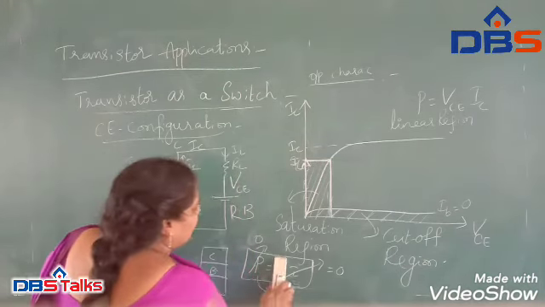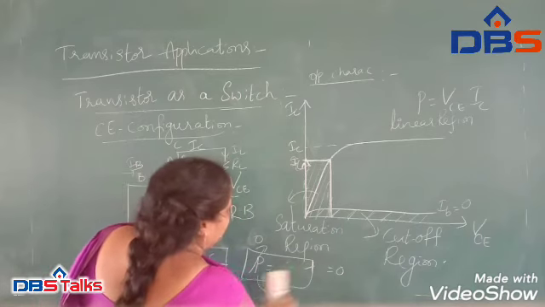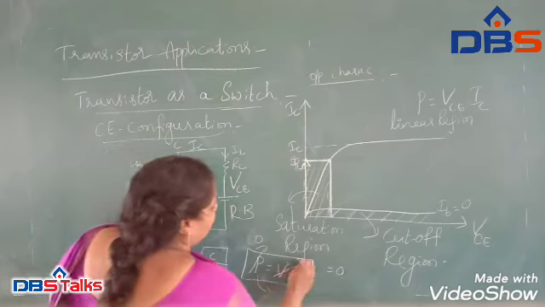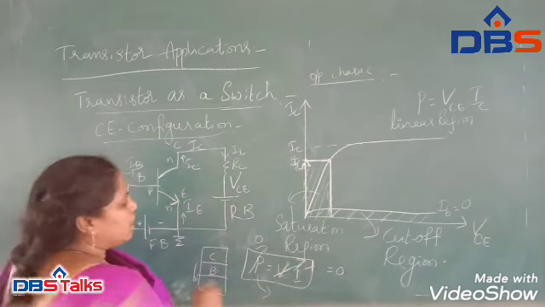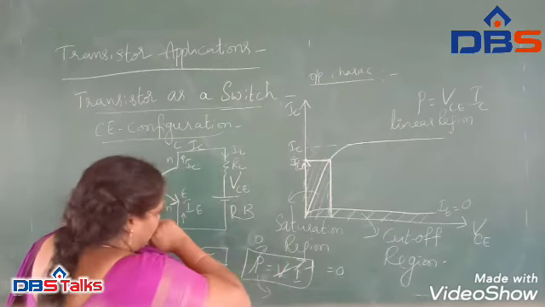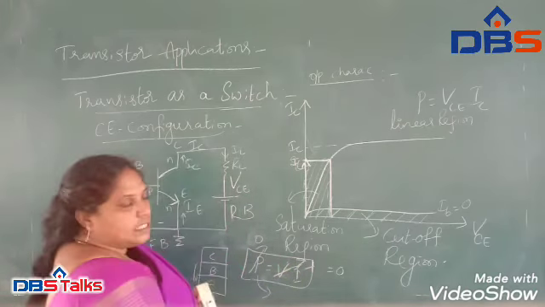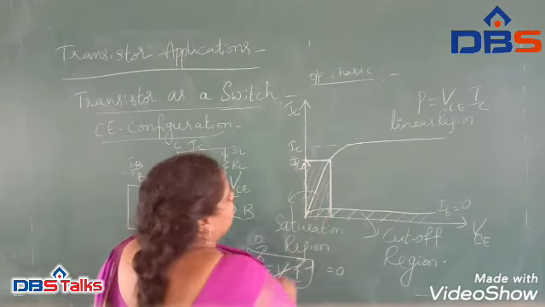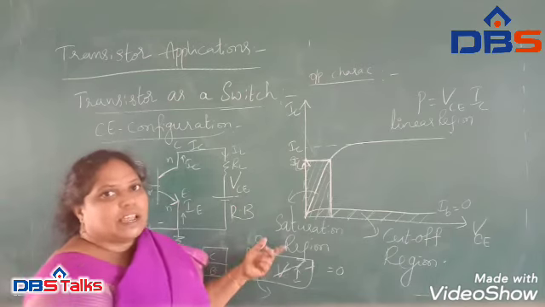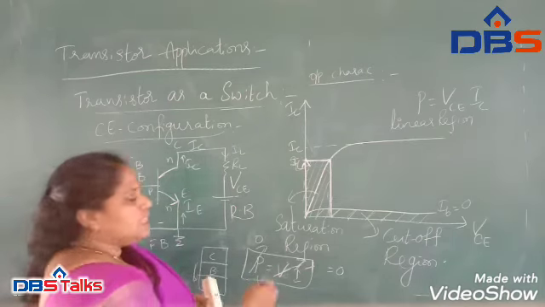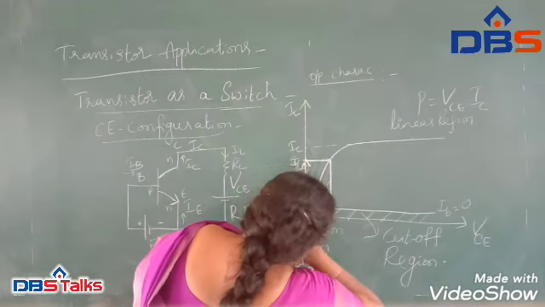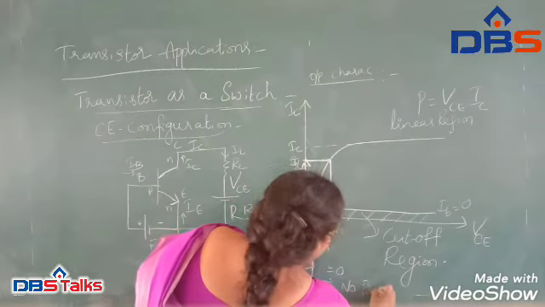Ideally we take the voltage here as 0. In V into I, when the voltage is 0, P will also be 0. So in the saturation region it is also negligible. There is no power loss.